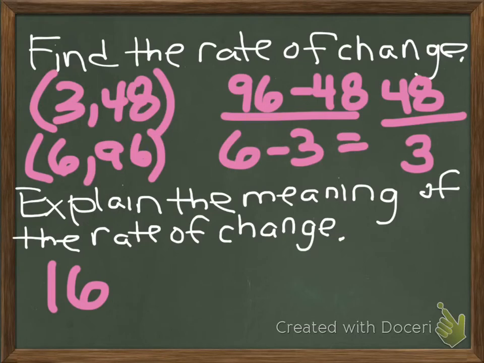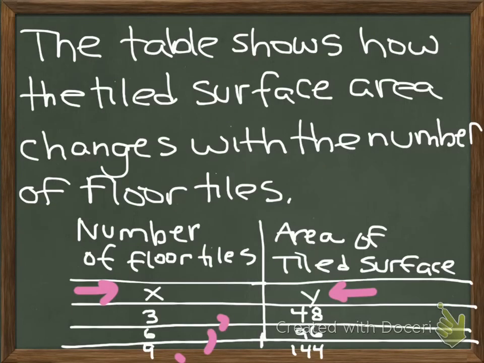Now I need to think about what that is in terms of the meaning of the rate of change. Okay, so I need to go back to the table. And if each time the rate is going to be 16, that means that the number of floor tiles is going to be 1, and the area of one floor tile then would be 16, I believe, inches squared.